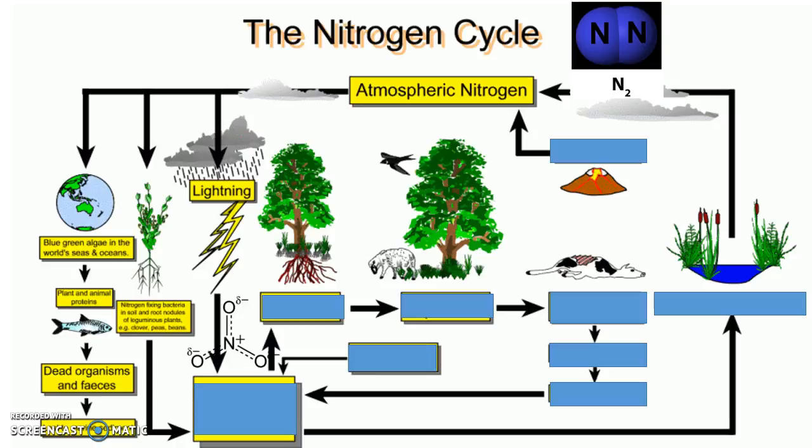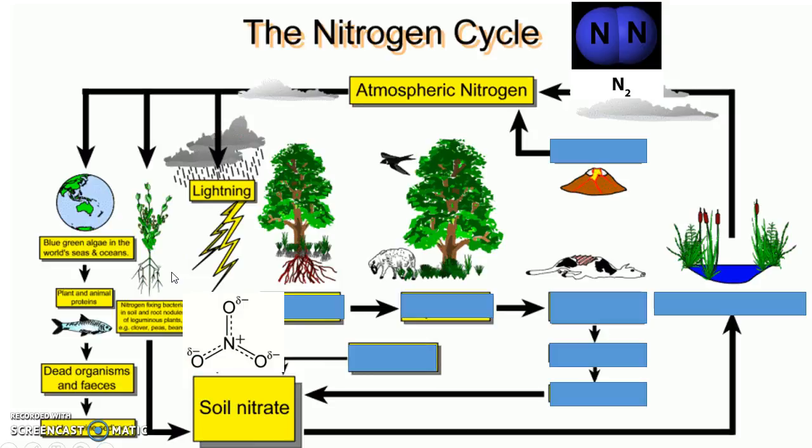What they do is they take the nitrogen out of the atmosphere and transform it into this form you see here. And that's how we get soil nitrates. These soil nitrates are this form right here, a nitrogen with 3 oxygens joined together.